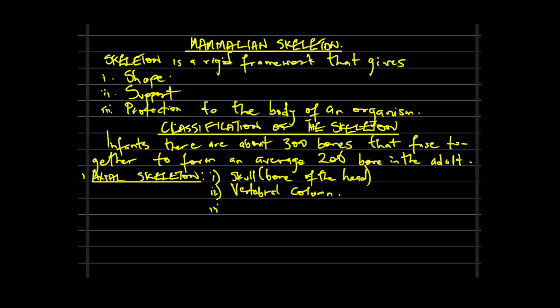Three, we have the ribs. Four, we have the sternum, or in some textbooks we call it the breastbone or chest bone. This vertebral column can also be referred to as the backbone.